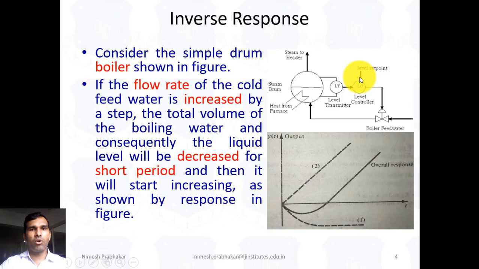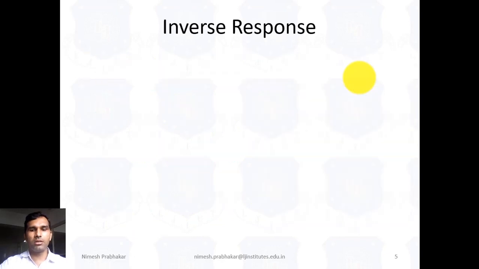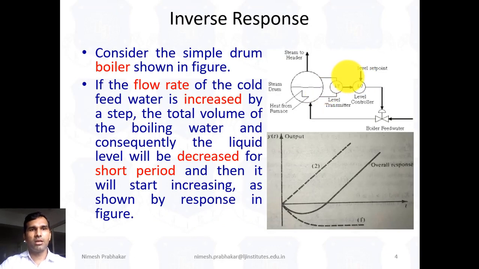If the flow rate of the cold feed water is increased by a step, the total volume of the boiling water and consequently the liquid level will decrease for a short period, and then it will start to increase, as shown by the response in the figure. Here these three lines indicate the response.